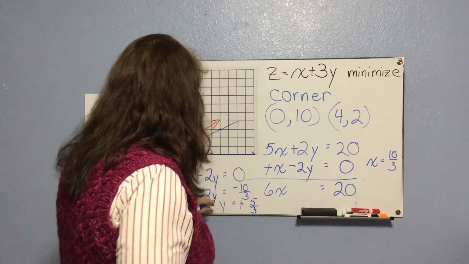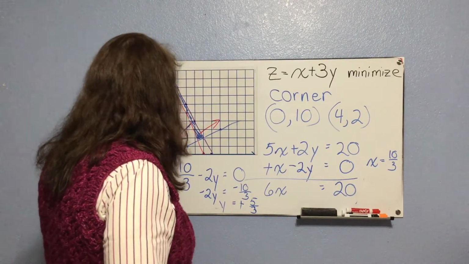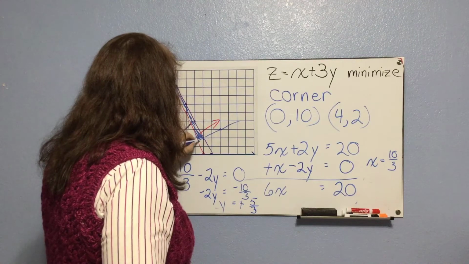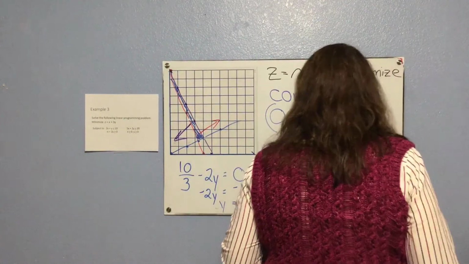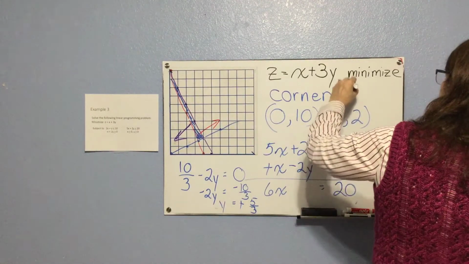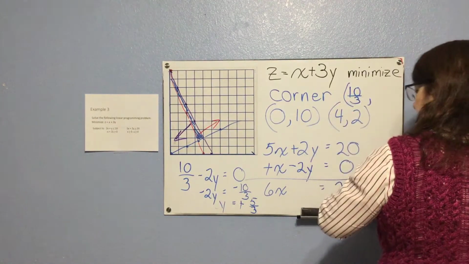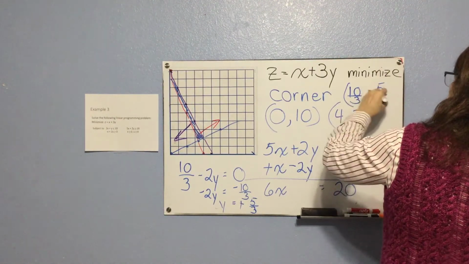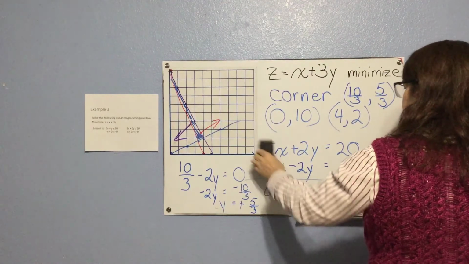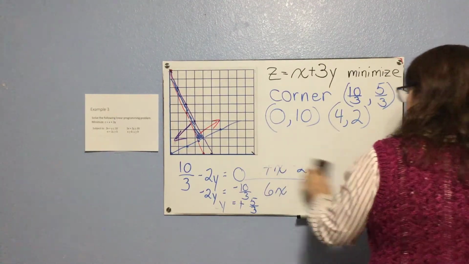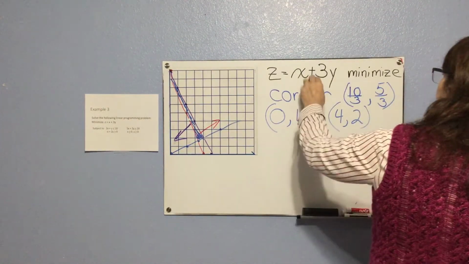And it's positive because I divided by a negative number. So 5 over 3 would be 1 2/3. And again, that looks pretty reasonable. So my third corner point is 10 over 3, comma, 5 over 3. So now I've got my corner points. Which one's going to give me the smallest value for this?